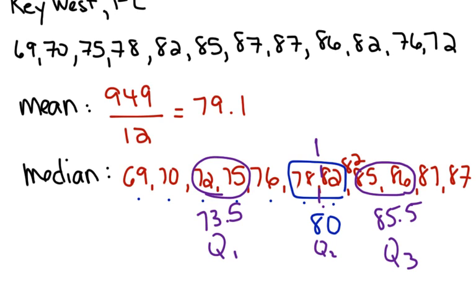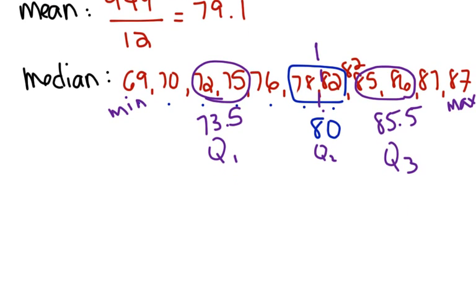We're going to use those numbers plus the minimum, which is 69, and the maximum, which is 87, to draw this thing called a box and whisker plot. To draw the box and whisker plot, the first thing you need to know is what the minimum and maximum are, because we're going to make a number line.